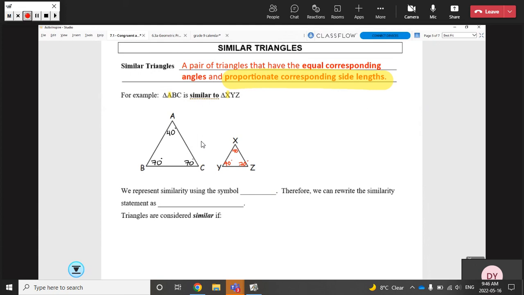Now, here's where similar and congruent differ. If this were, for example, 6, and this was also 6, and this bottom here was 4, let's go with meters this time, then how about I give you that one?